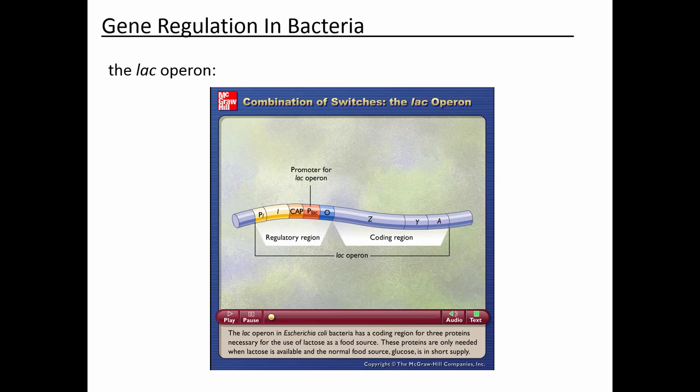And with this operon, a bacterial cell is only going to want to use lactose if it doesn't have glucose. If it has glucose, it prefers glucose and will use that instead of lactose.